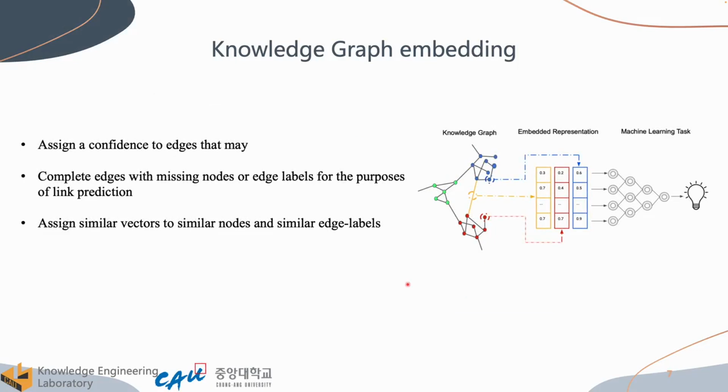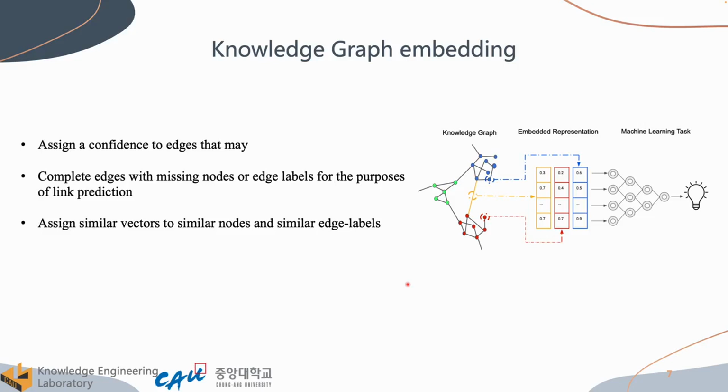Embeddings can then be used for a number of low-level tasks involving the nodes and edge labels of the graph from which they were computed. First, we can use the plausibility scoring function to assign a confidence to edges that may, for example, have been extracted from an external source.